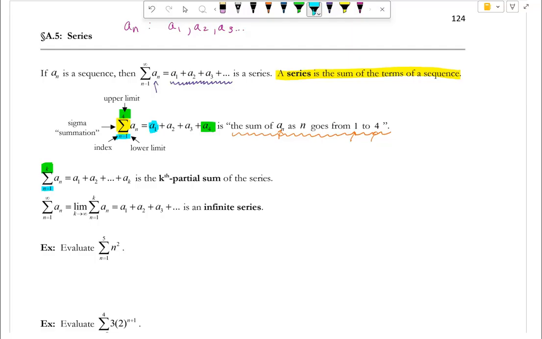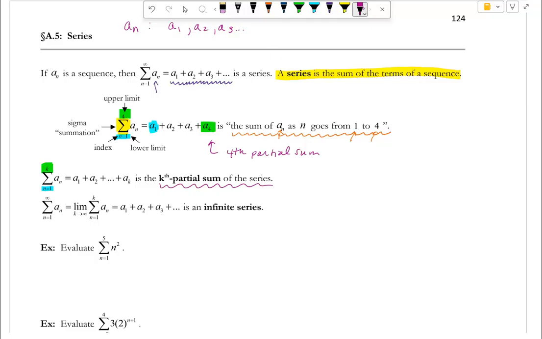That's going to give us a finite number of terms from our sequence to add up, and we call this the kth partial sum of the series. That depends on what the number k is. Like up here, we would think of this as the fourth partial sum because we are starting at 1 and adding up to 4. So if k is 2, we'd think of that as the second partial sum.